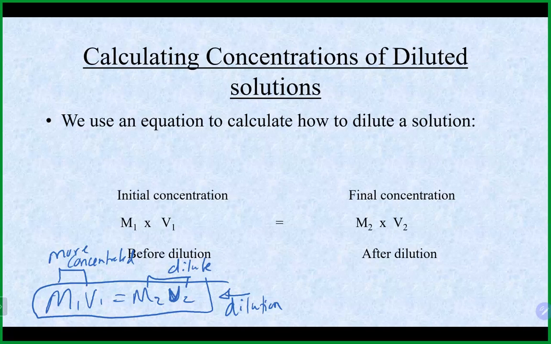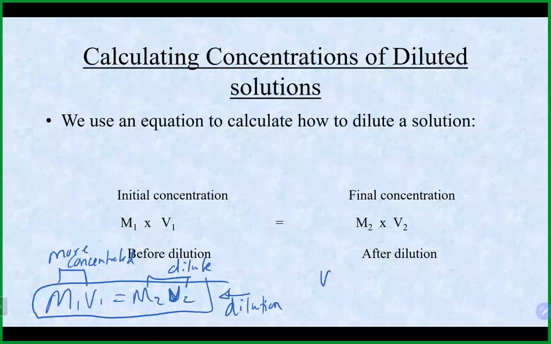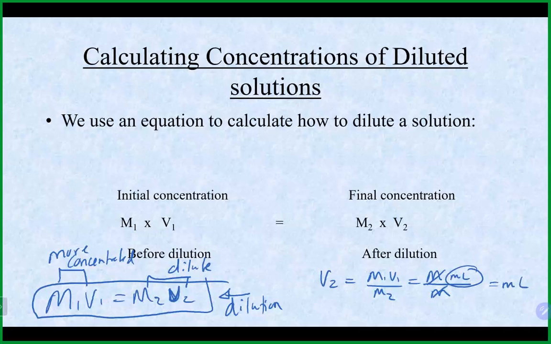You could also convert it to liters and it will be okay, whichever way you want to do it. The reason it will be okay, let's just say we were solving for V2 in this case. V2 would be M1V1 divided by M2. If we just look at units, that would be molarity times milliliters divided by molarity. They will cancel and we'll be left with milliliters, so it would be okay.